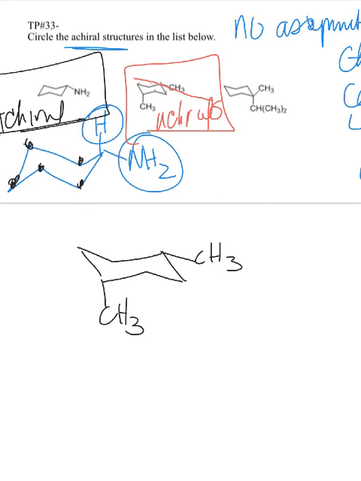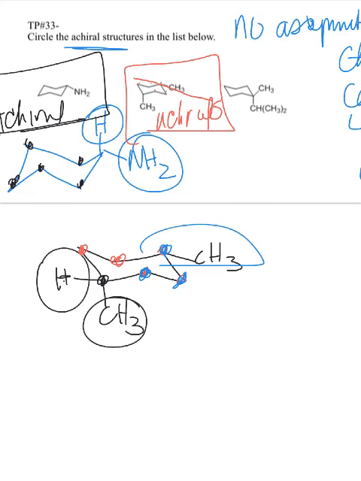So you can say, okay, let's look at this carbon. These two are different. So you go here, these are the same because you're going out. And then you go here, and those are both methylenes. And then you go here, and you meet. And when you meet, they're the same thing. So that makes them achiral. Okay, the next molecule here, once again, it goes and meets, so that would be achiral.